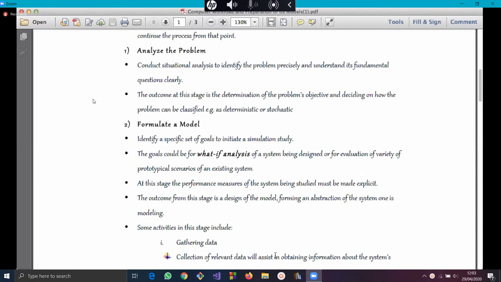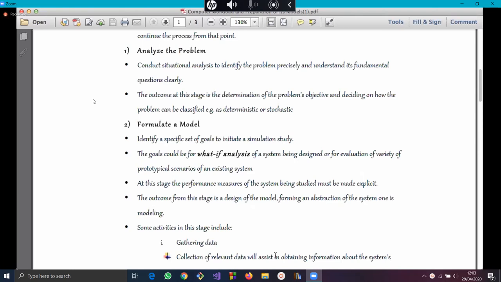If you look at the first stage of the system development life cycle, stage number 2 is always requirement gathering, which is the same as what you are saying here, gathering data.